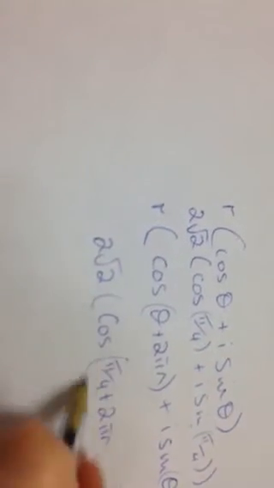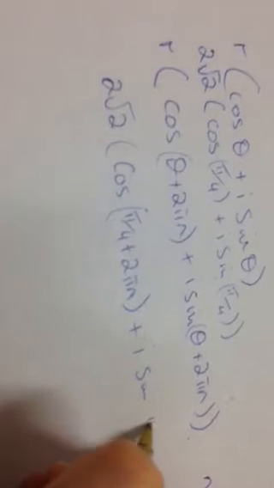And if I wanted to put that into general polar form, it would be 2 root 2 times the cos of pi over 4 plus 2 pi n, plus i sine of pi over 4 plus 2 pi n. Again, n is an element of z.